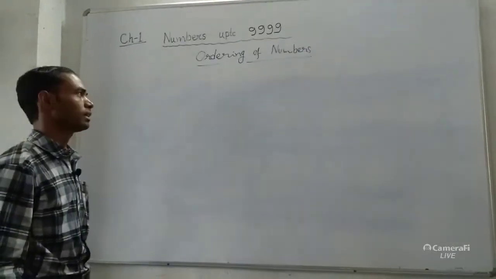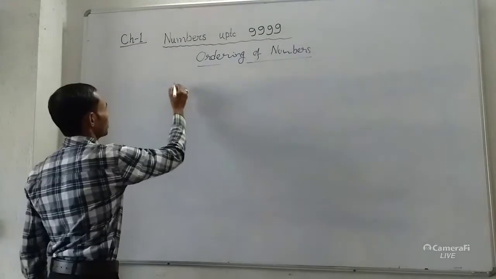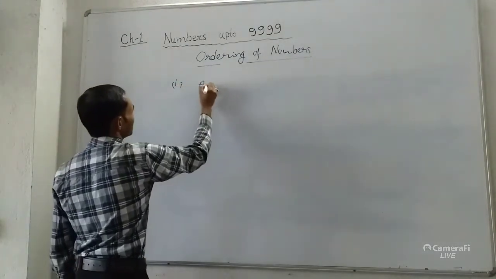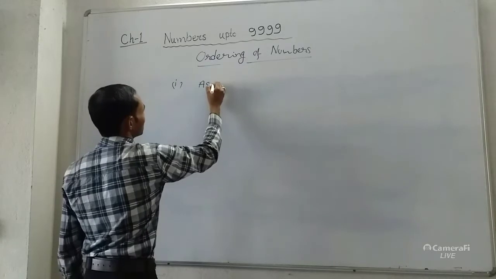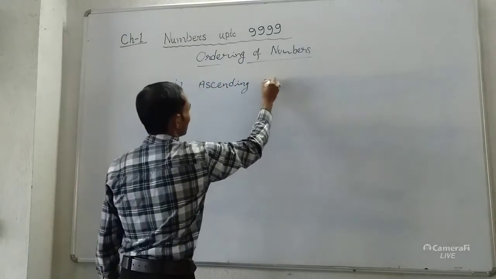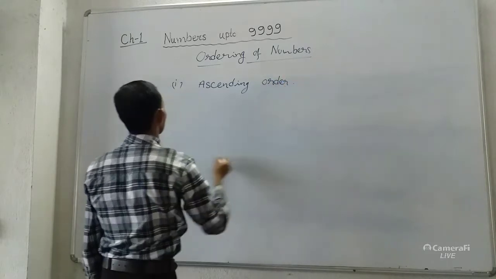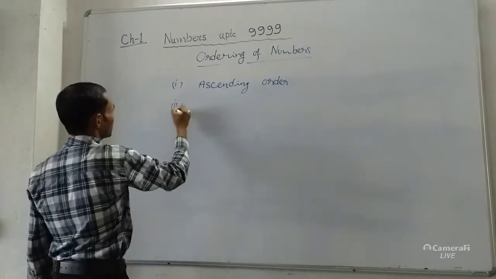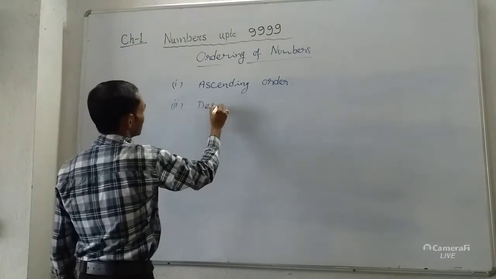Ordering is of two types. Number one is ascending order, and number two is descending order.